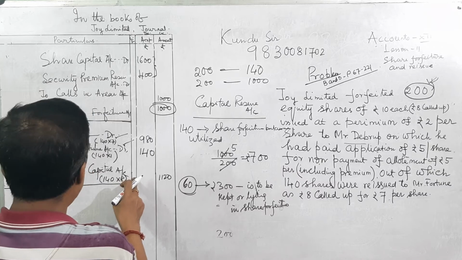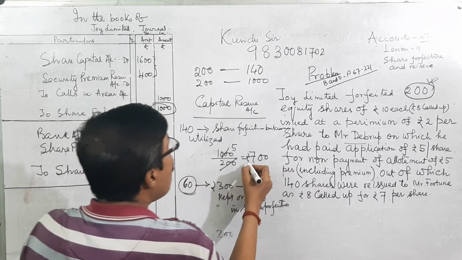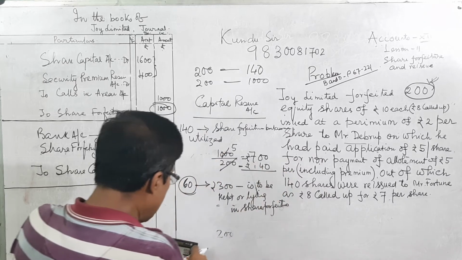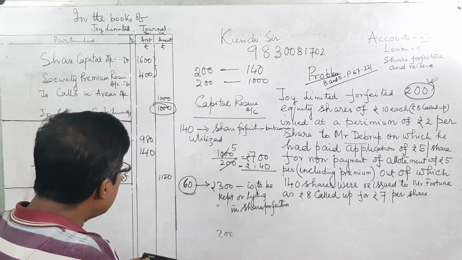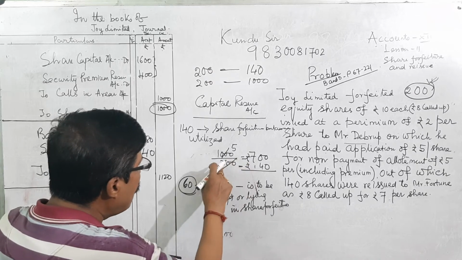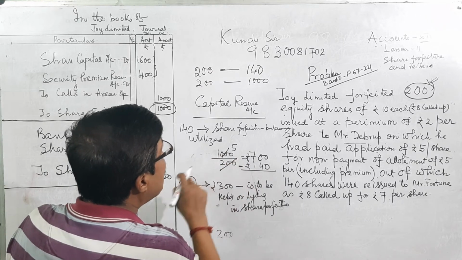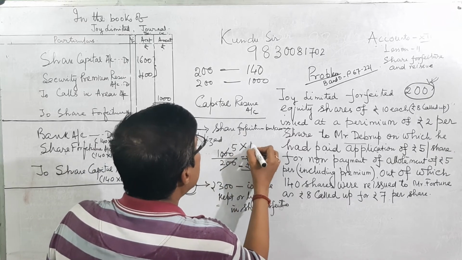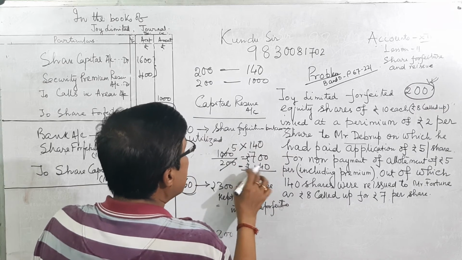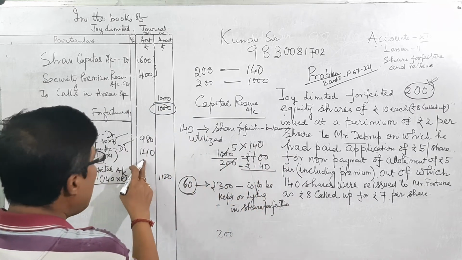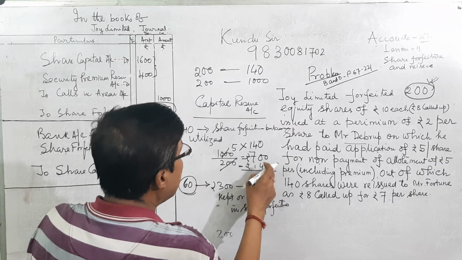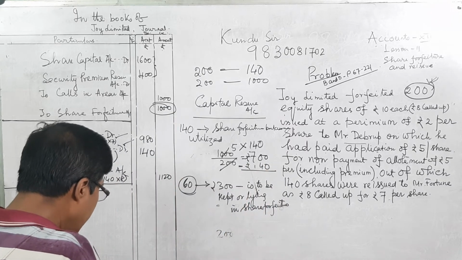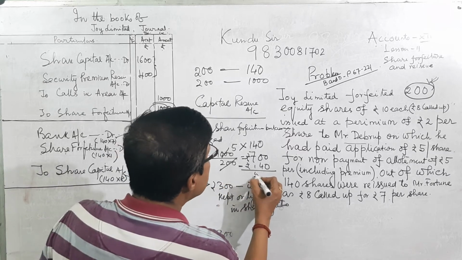We have utilized share forfeiture for 140 shares: 700, less 140 discount, that is 560.